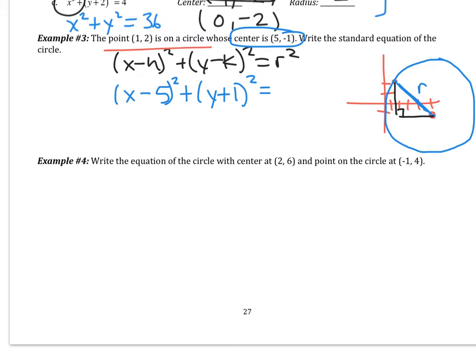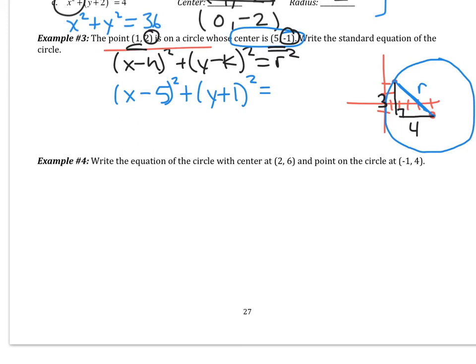My y value is going from -1 to 2, so what's the distance from -1 to 2? 3. So it's going up 3. If I'm going from a 5 to a 1, what's that distance? 4. If anything, you can count your tick marks if you do a good graph. Now you have a triangle with two side lengths, so you can use the Pythagorean theorem and solve for r.